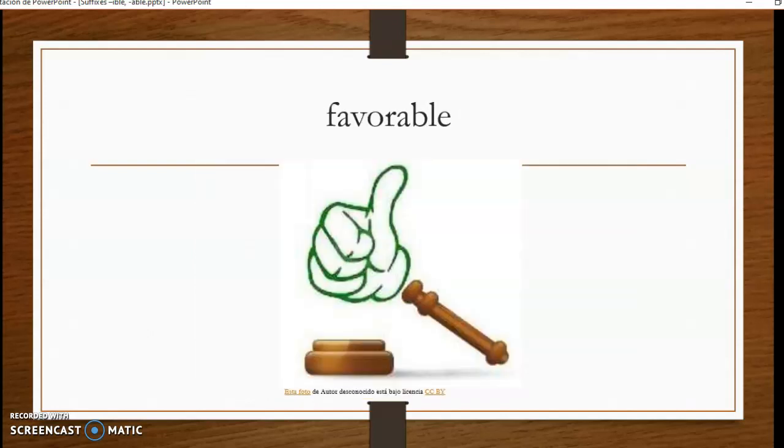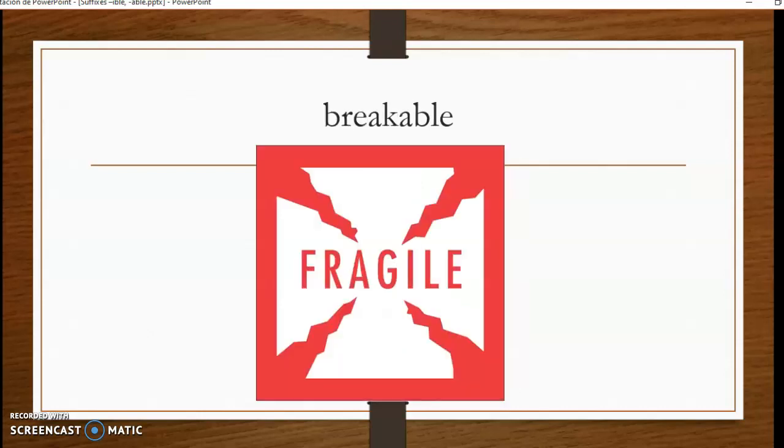Favorable. The decision can be favorable. It's in my favor. I like it and it helps me. For example, a situation can be favorable, and a schedule also can be favorable for me. Breakable.